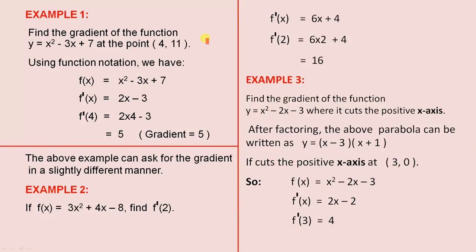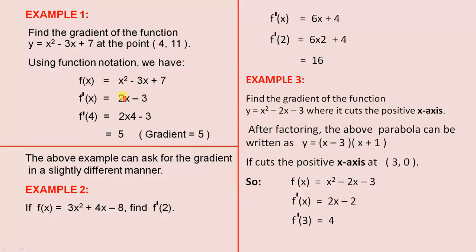Example 1. Find the gradient of the function y equals x squared minus 3x plus 7 at the point (4, 11). Using function notation we have f(x) equals x squared minus 3x plus 7, f'(x) equals 2x minus 3. Remember in an earlier video, this was one of the acceptable ways of signifying gradient.